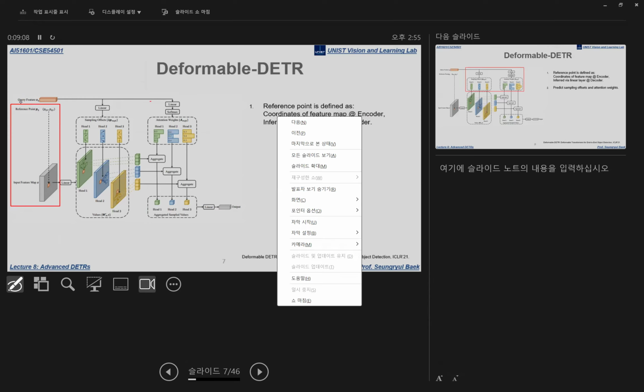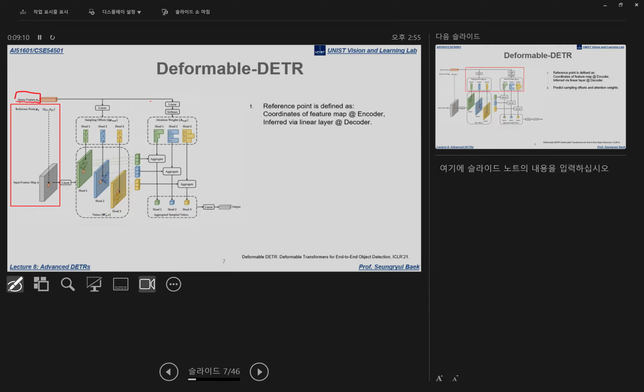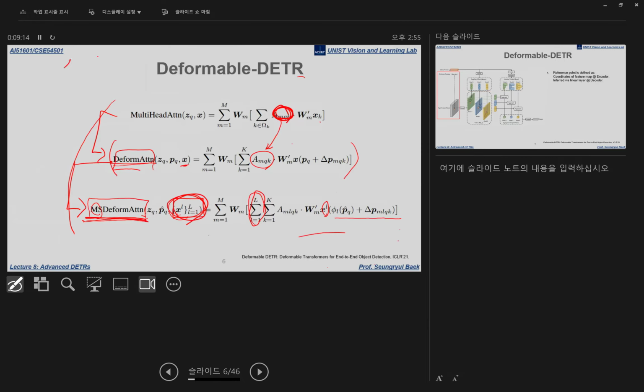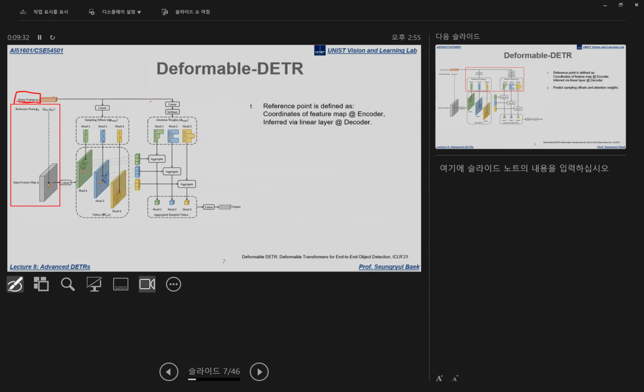The query feature means, in the two-dimensional feature map, we point to one location, and that location's feature is called the query feature.